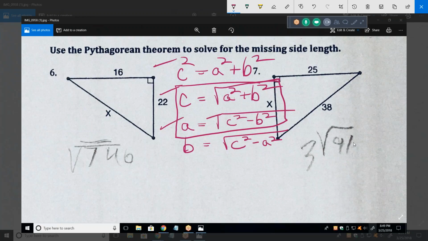So what is x equal to in number 7? x is equal to 38 squared minus... Hold on. Always start your answer how? The square root of 38 squared minus 25 squared. And what's that number?